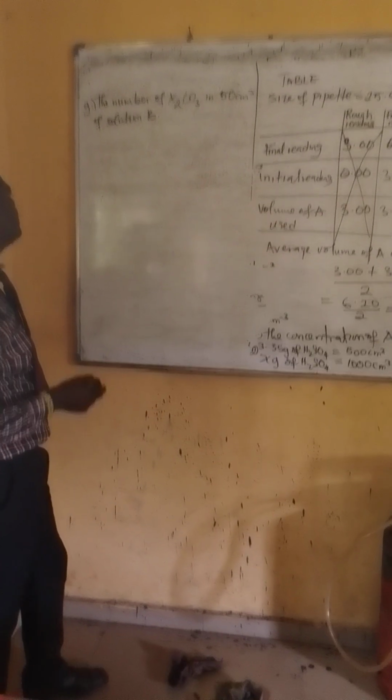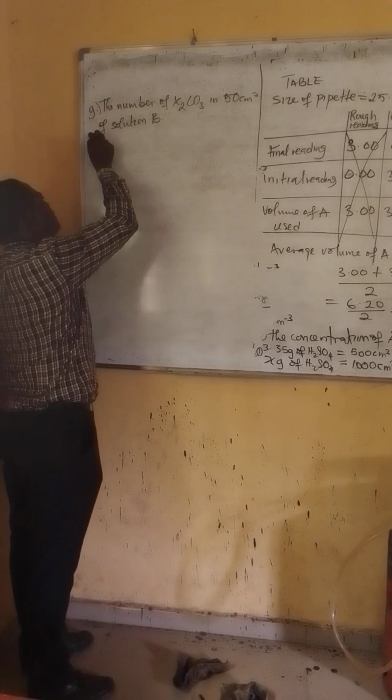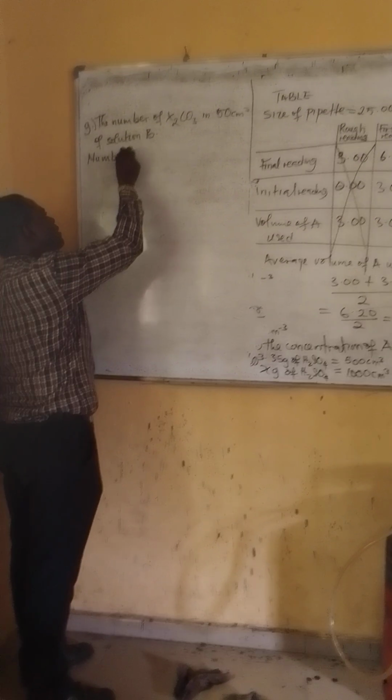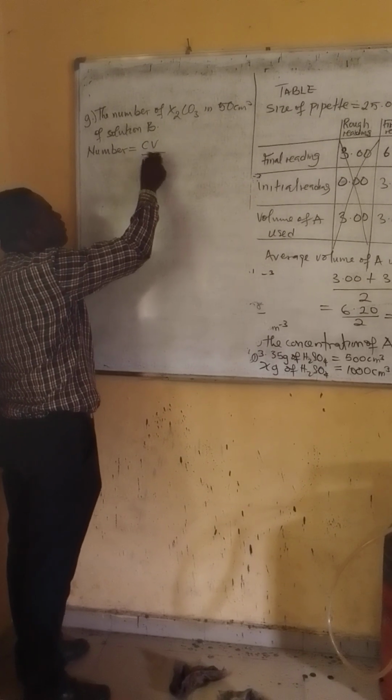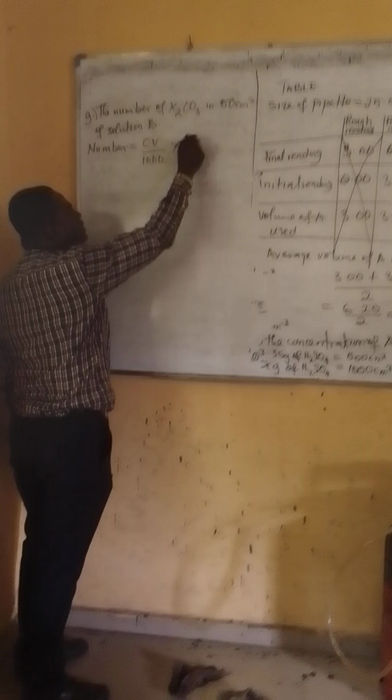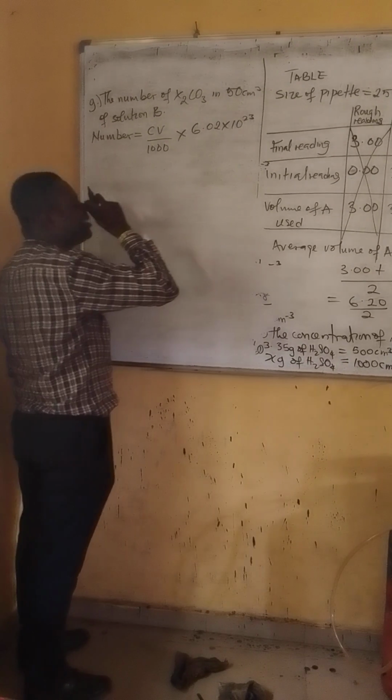So to do that, number is equal to number of mole, CV over 1000, times Avogadro's constant, 6.02 times 10 raised to the power 23. That's Avogadro's constant.